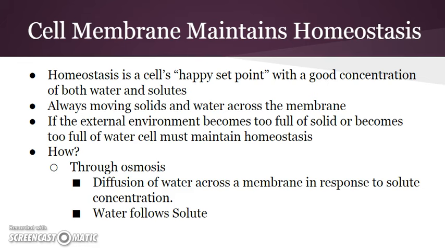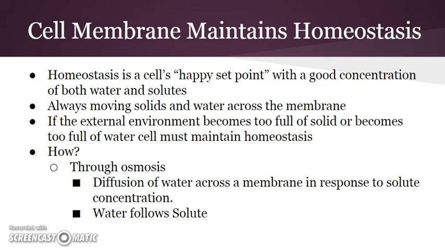So if the external environment becomes too full of solids or becomes too full of water, the cell must maintain homeostasis. So what's going to happen is it's going to move that water one way or another. It's going to move towards the area of the higher concentration of the solid.